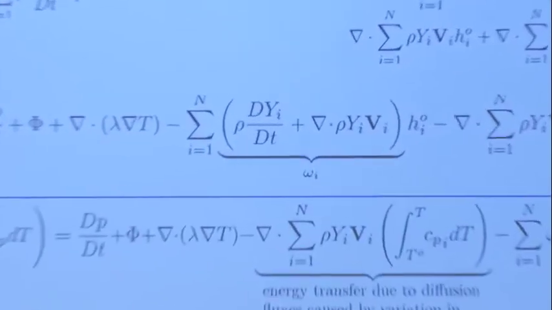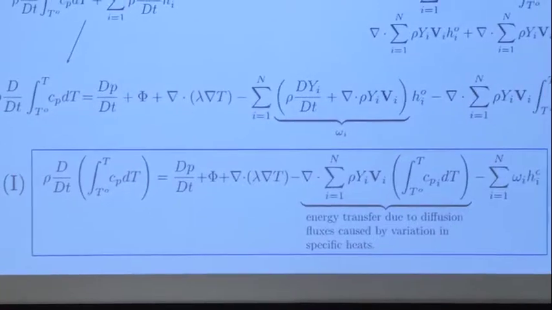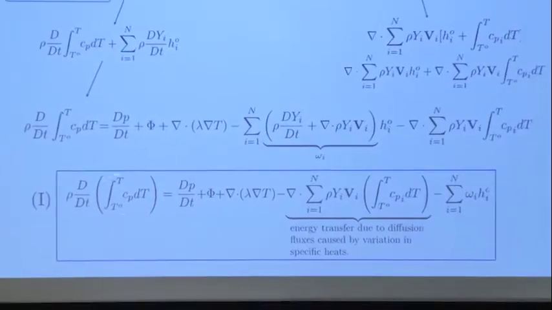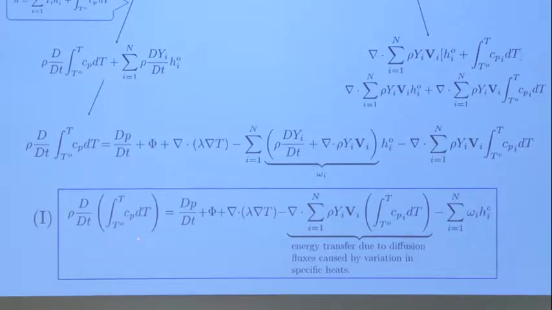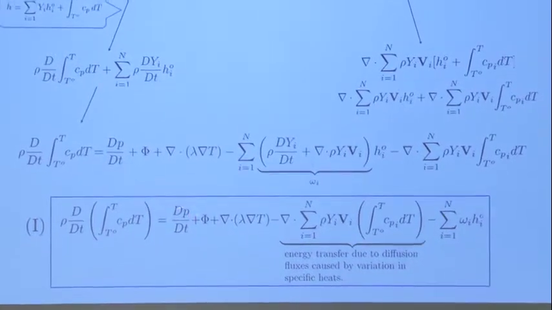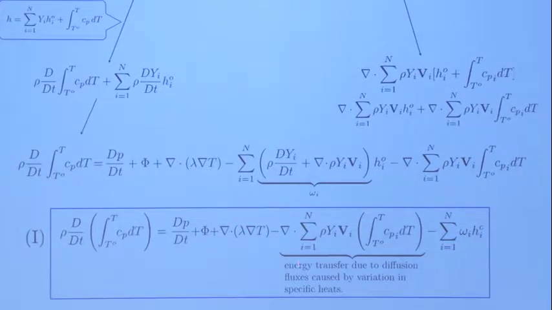And so the end result is that you can write the equation as d by dt of the integral of Cp dT, which is the sensible enthalpy. Those terms don't change. They are the same. That's just dp/dt, the viscous dissipation, the heat conduction.